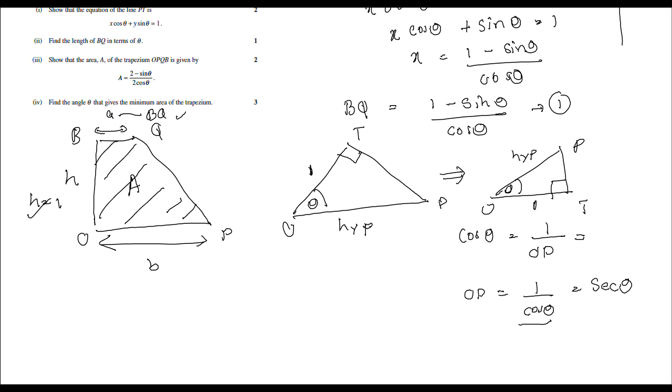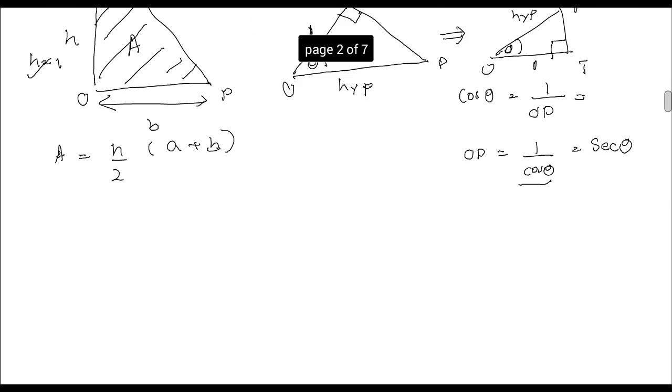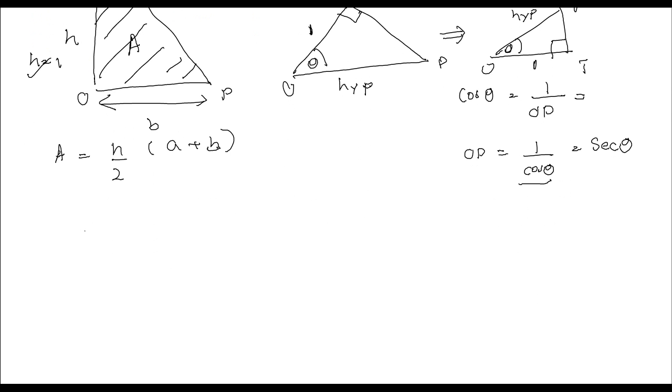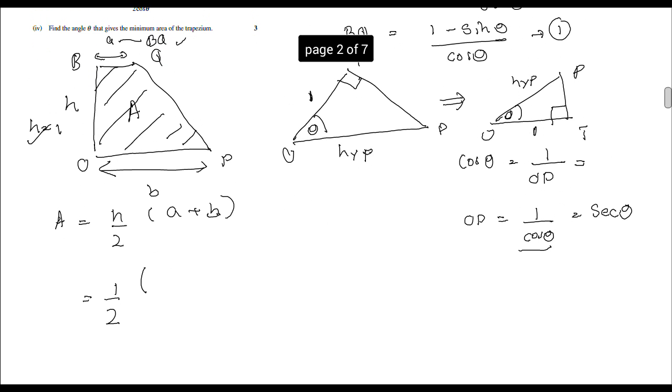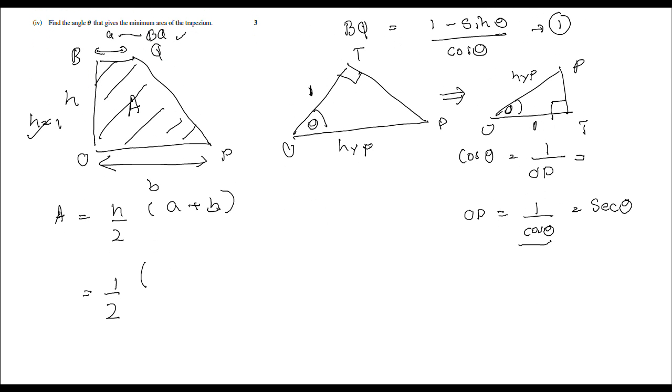Now it's just about finding the area, which makes it easier. The area is H over 2, so 1 over 2, times (BQ plus OP).